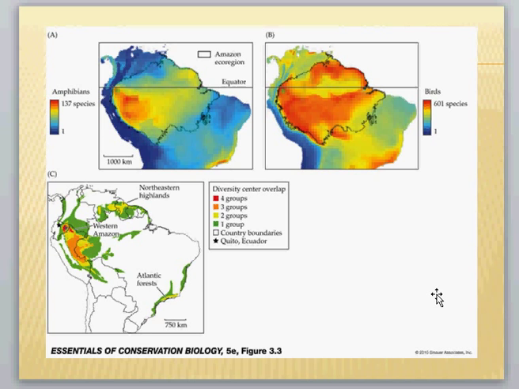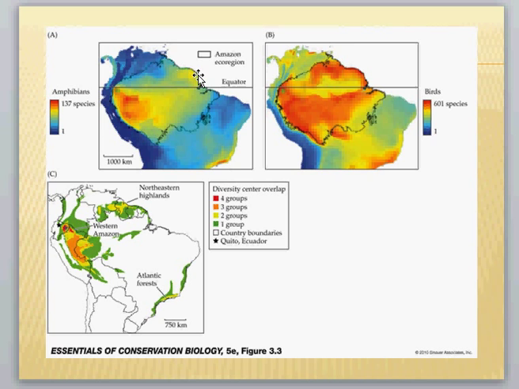and we see that the area which has the highest diversity of amphibians, frogs and such like, also has the highest diversity of birds as well. You also get a tick up of diversity in the Guyana Shield there for amphibians. It's also a high diversity area for birds as well.